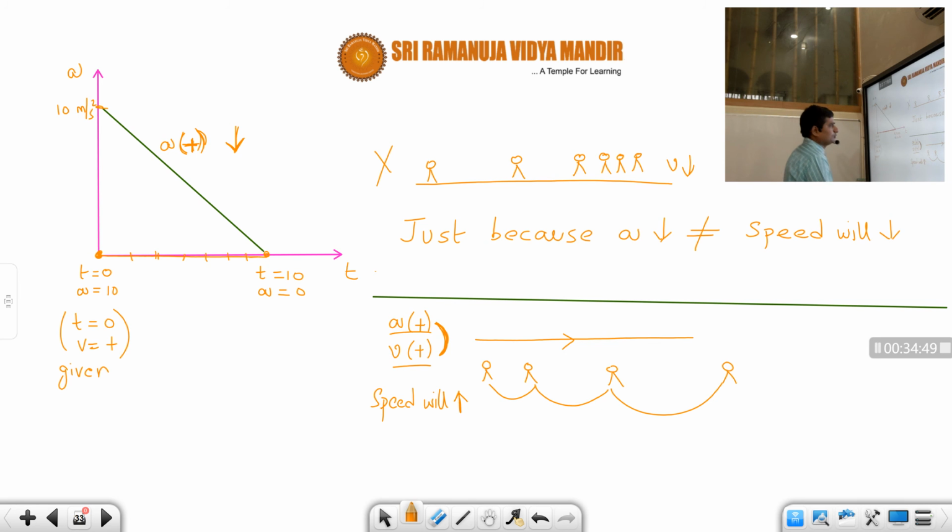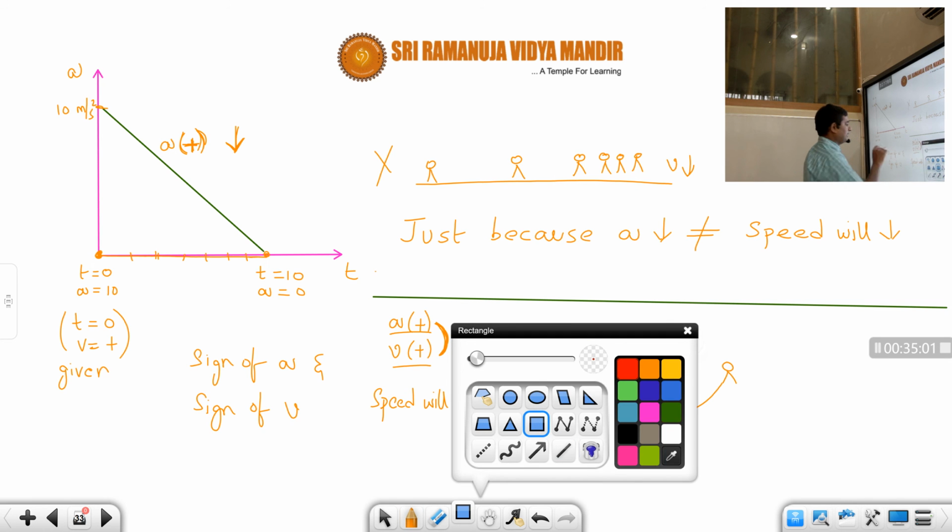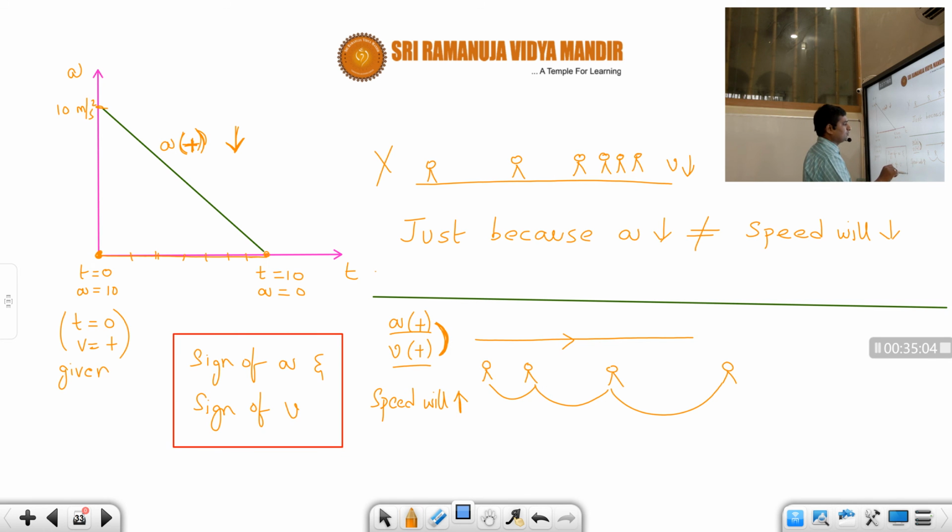The speed will increase. So what is most important, students? The sign of acceleration and the sign of velocity. These two will matter a lot. If these two are in the same direction, then the speed has to increase. If these two are in opposite directions, the speed will decrease and it takes a U-turn. I hope you are clear on this one.